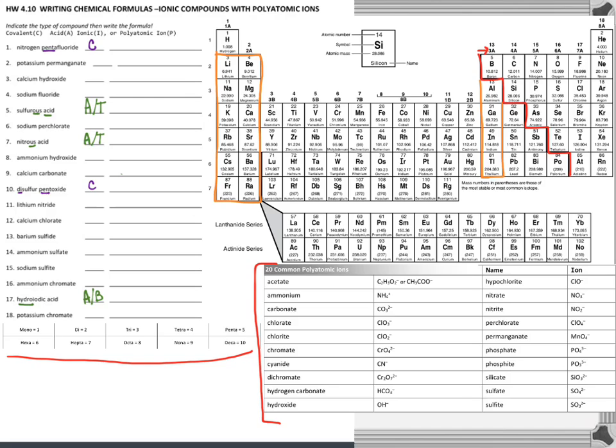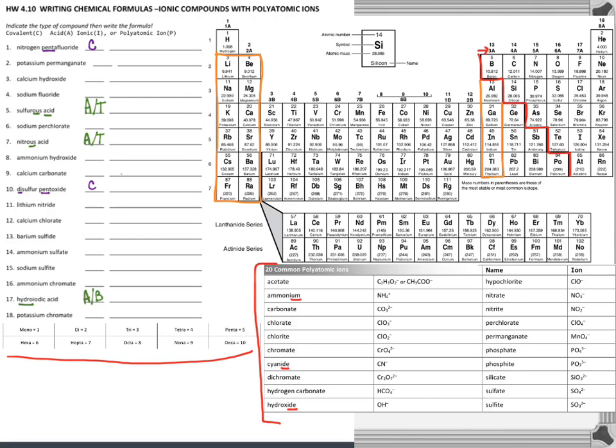The first one will be cyanide, hydroxide, and I believe that's it. Everything else will end in ate or ite, with the exception of ammonium, which will end with UM.